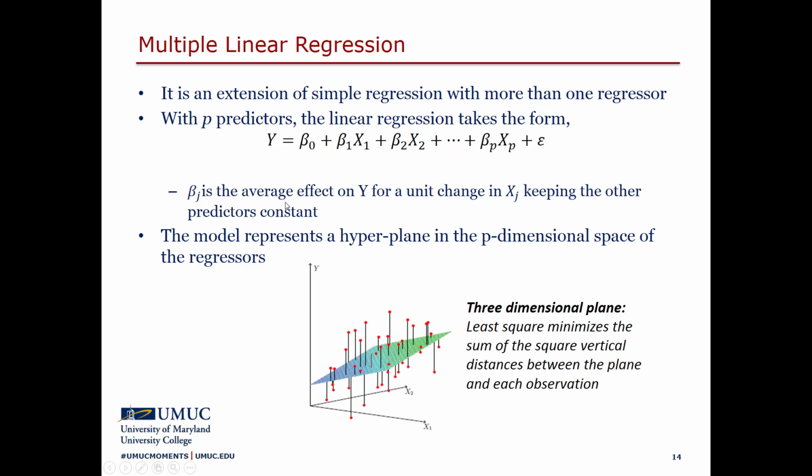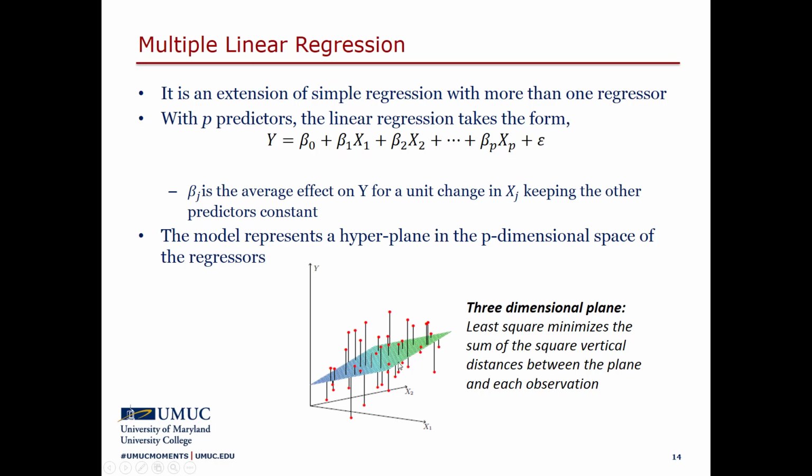So the model, if you remember from simple linear regression, was a line, and part of the least square estimation is minimizing the error term, the difference between the observed values and the points on the line. Here, when we talk about multiple dimensions, we're talking about a hyperplane. It's not a line anymore. For instance, here is a visualization for two explanatory variables and one response variable. So this is a three-dimensional plane. It's not a line any longer.